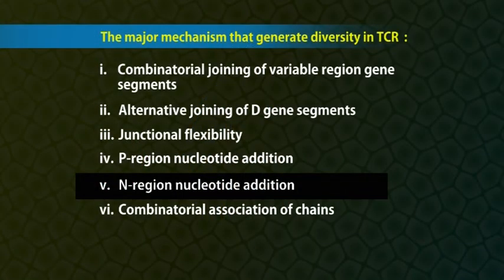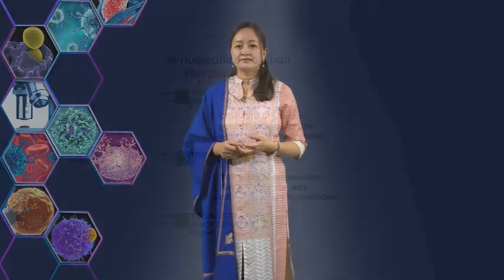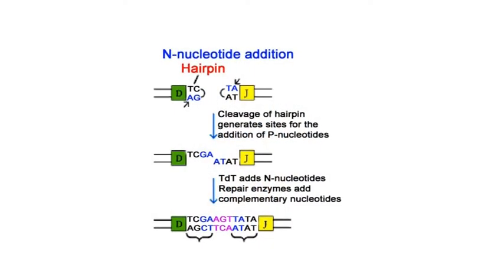N-region nucleotide addition. Variable region coding joins in rearranged TCR genes have been shown to contain short amino acid sequences that are not encoded by the germline V, D or J gene segments. These amino acids are encoded by nucleotides added during the DJ and VDJ joining process by a terminal deoxynucleotidyl transferase catalyzed reaction. This is called N-region nucleotide addition.